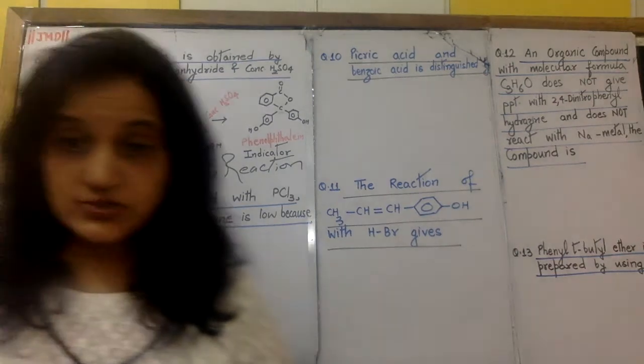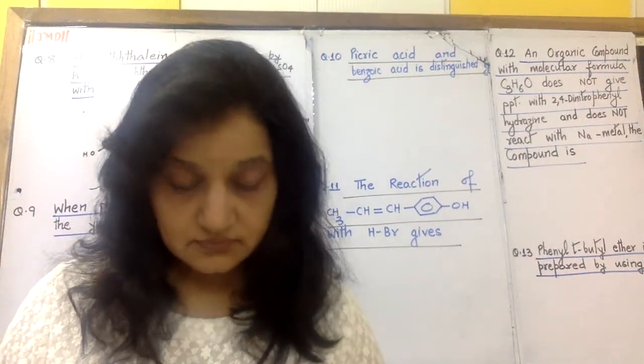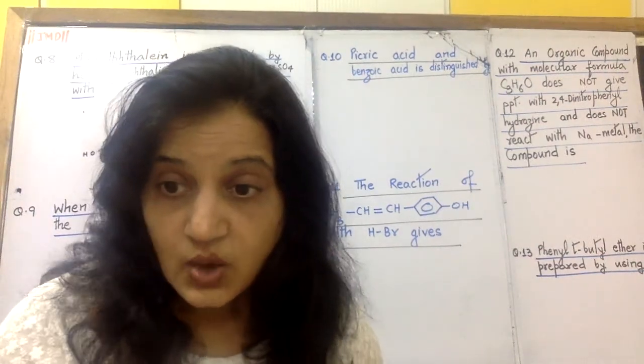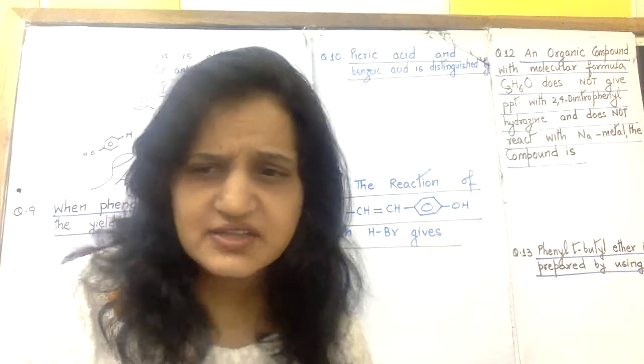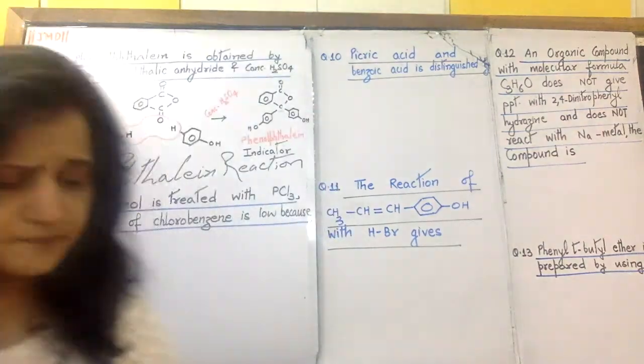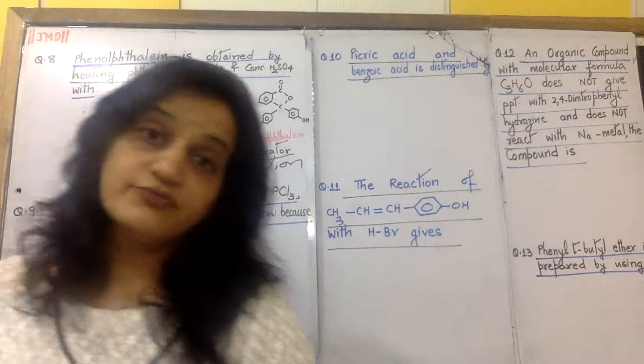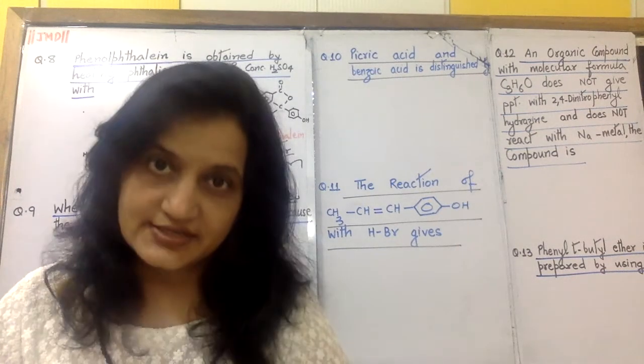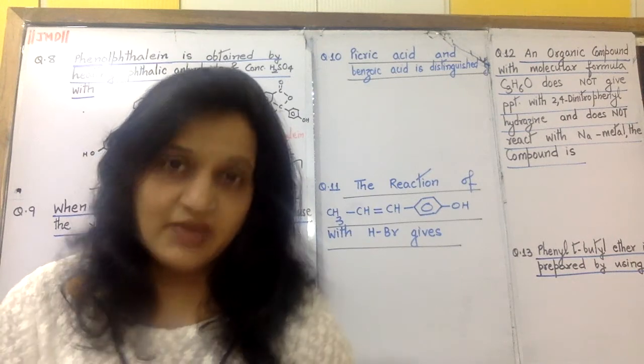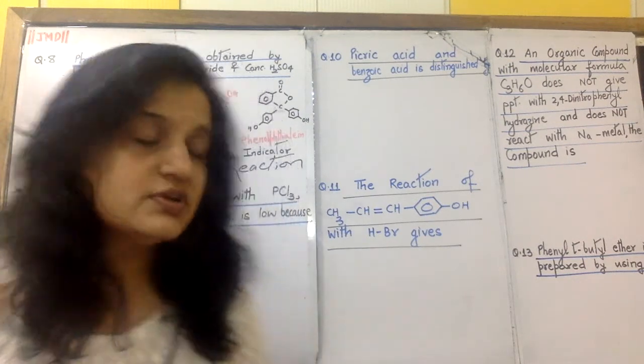Now we move to the next question. I've already written the question, it saves time, you know. When phenol is treated with PCl3, that is phosphorus trichloride, then we should get chlorobenzene like we have learned.